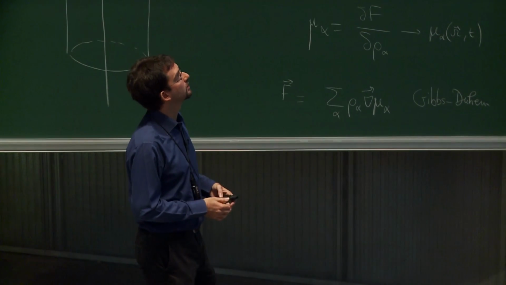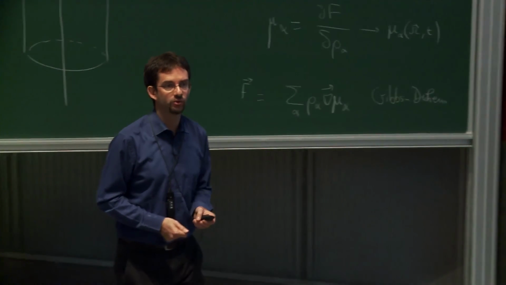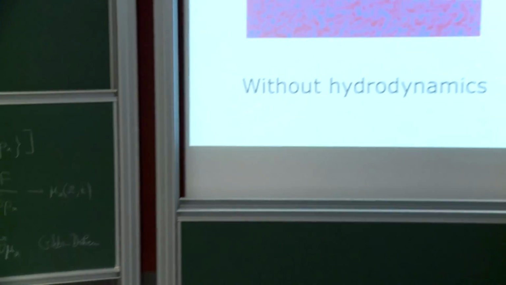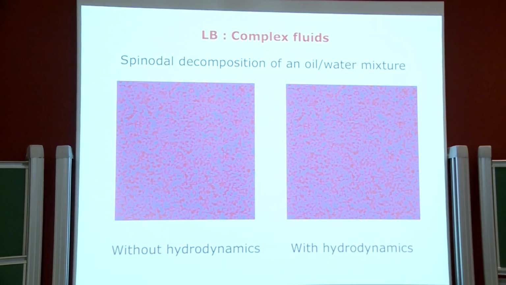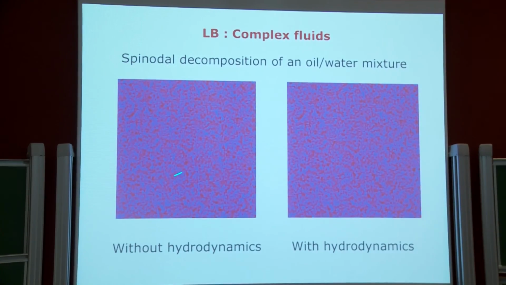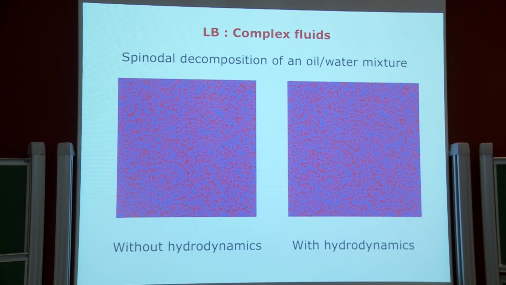So I'm showing here one example of Lattice-Boltzmann simulations for the decomposition of an oil-water mixture. So you have color codes with blue and red for the two components of your mixture. Then you start from something that is initially almost homogeneous, but with some random perturbation. And because oil and water don't want to mix, because you have some interaction.